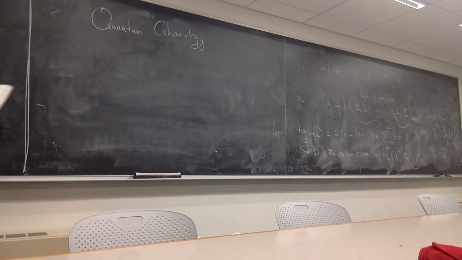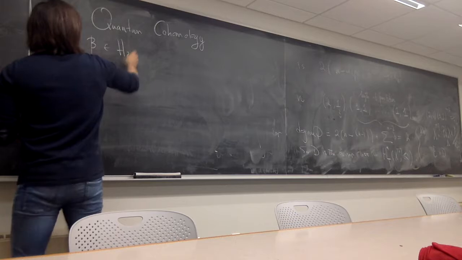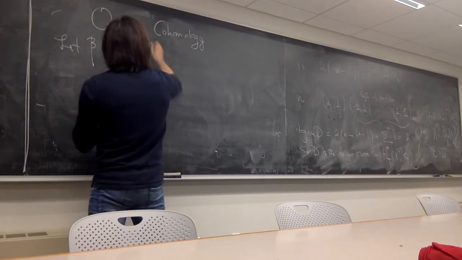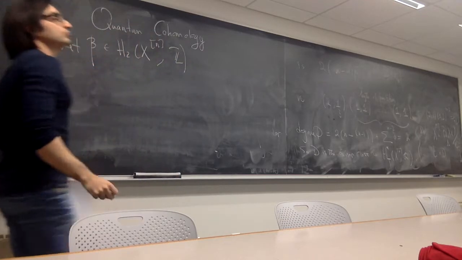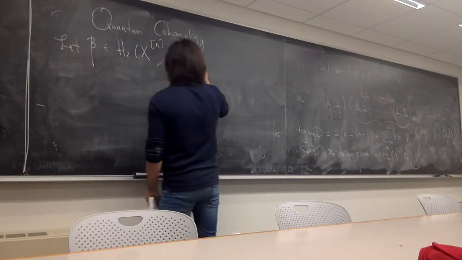Okay. Let beta be an element of second integral homology of Hilbert scheme. Be a curve class.